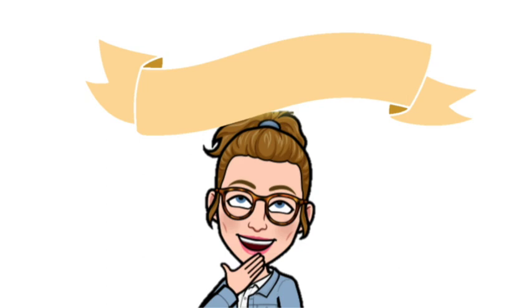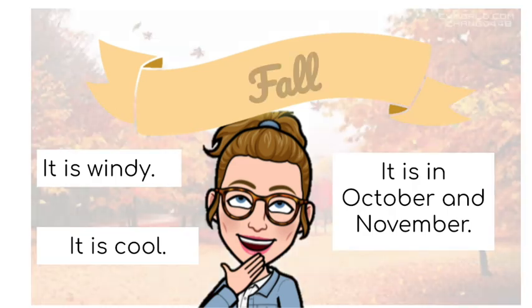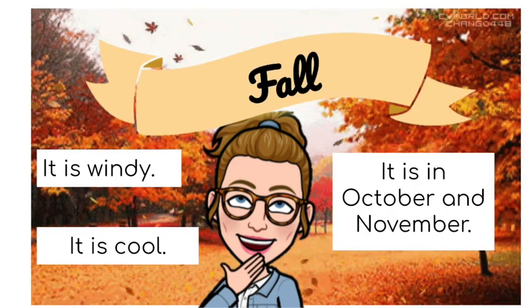Last one. You may know what it is already, but let's play the game. It is windy. It is in October and November, and it is cool. You guessed it, the season is fall.